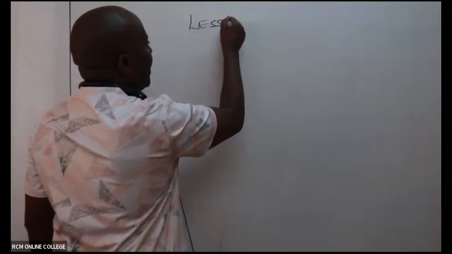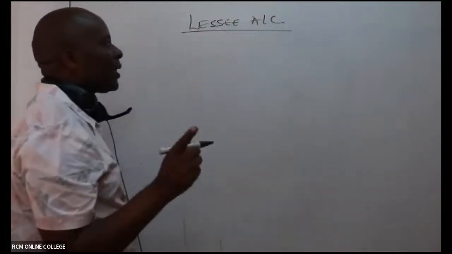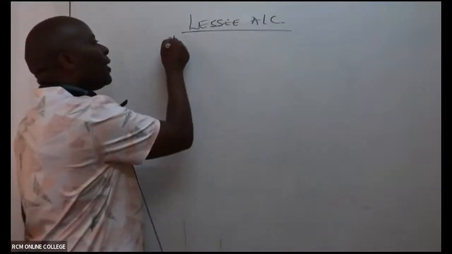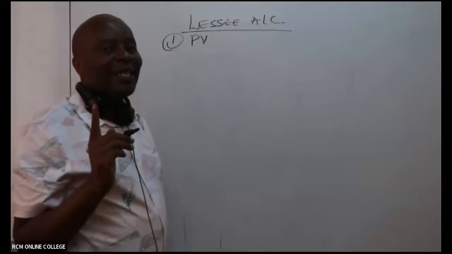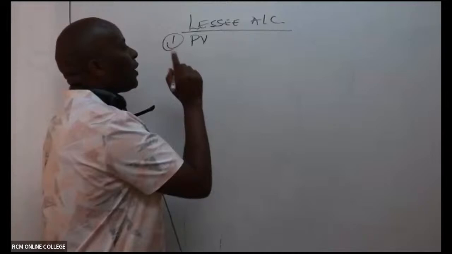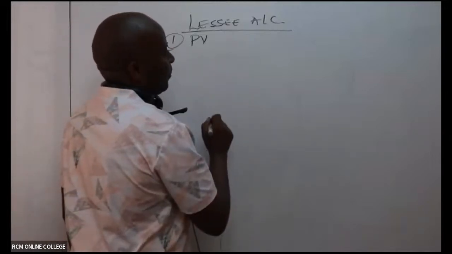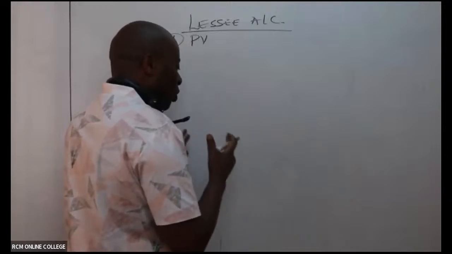The very first thing you shall do is to give us their total liability in this lease contract, because now they'll be paying lease rentals gradually.